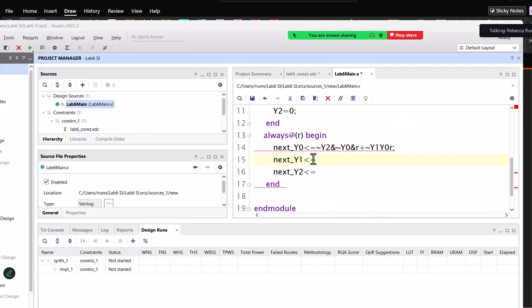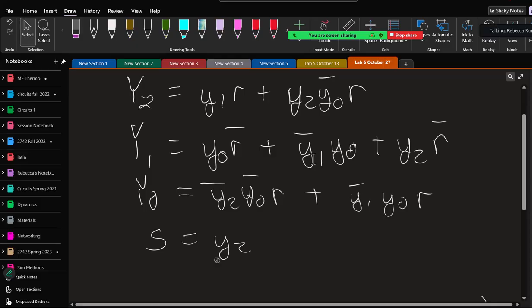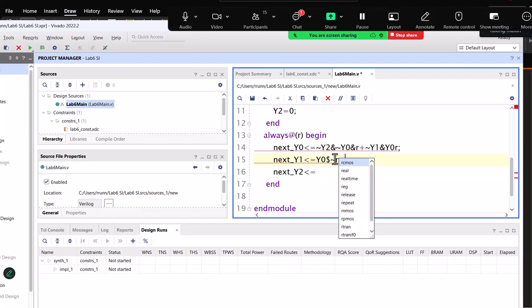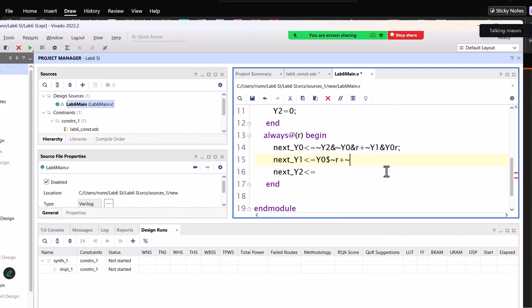And y1 equaled, y'all can call these out to me so I don't have to be flipping back and forth. So what's y1? I can read out y1 for you. Okay. It is y0 ANDed with r not, or r not ANDed with y2.